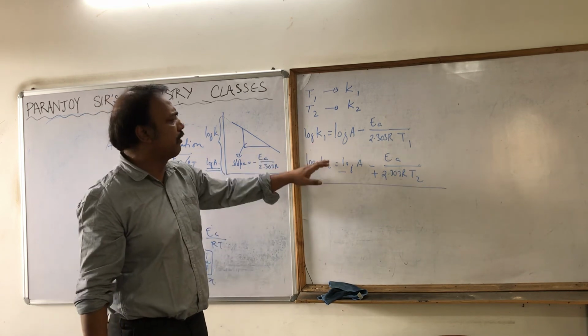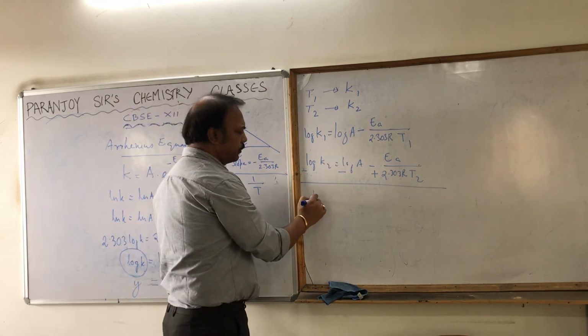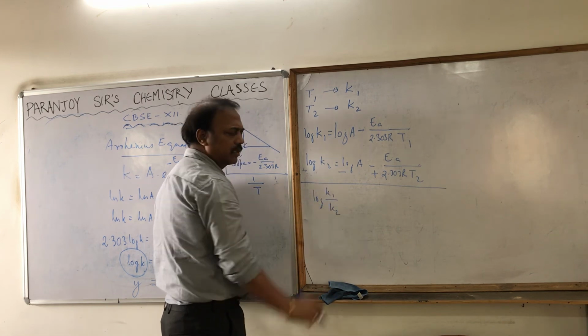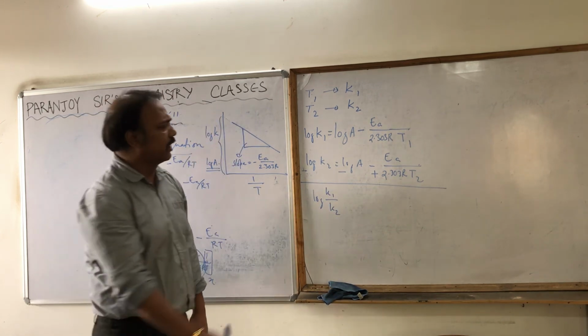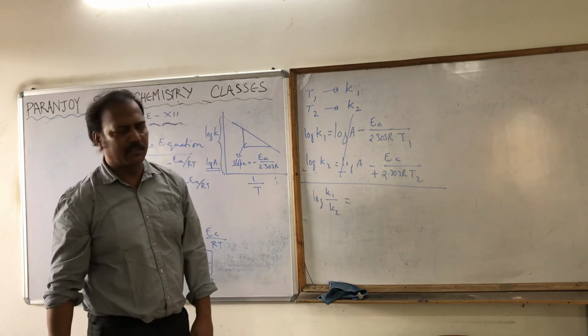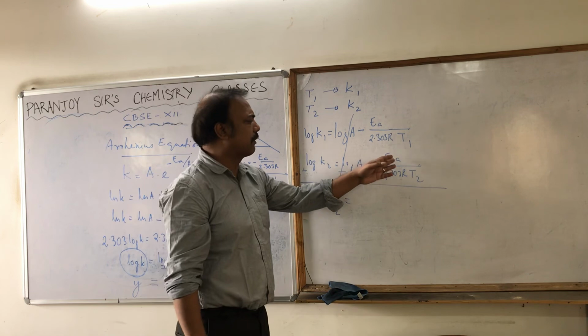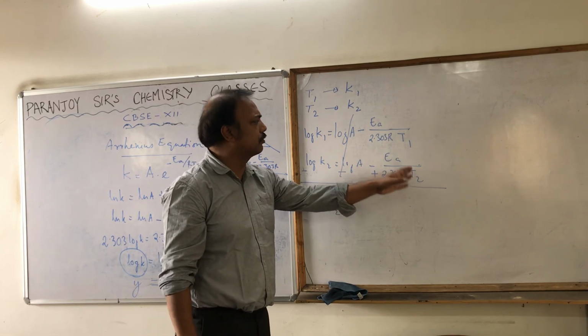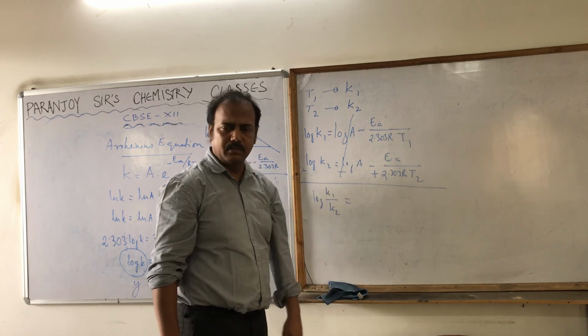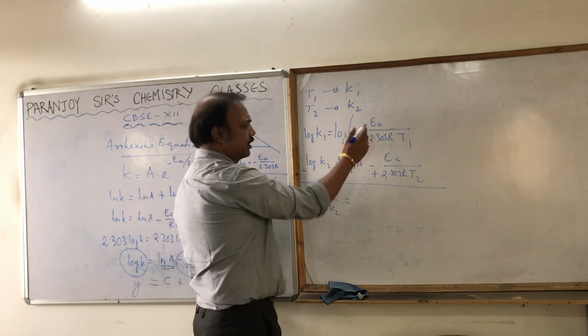So log K1 minus log K2 is log of K1 by K2. Log a minus log b is log a by b, we know it. Equal to, log A is cancelled. What is left now? EA by 2.303 R T2 minus EA by 2.303 R T1. So what is common over here?